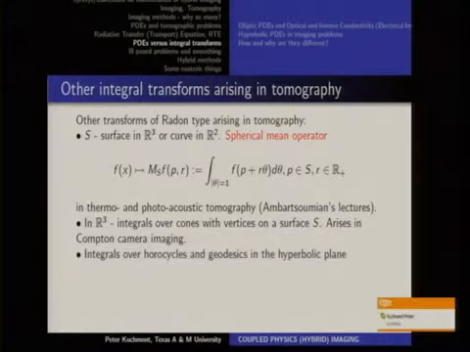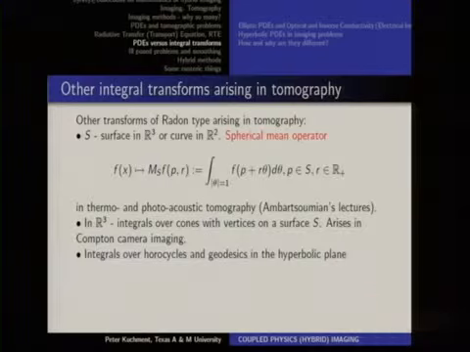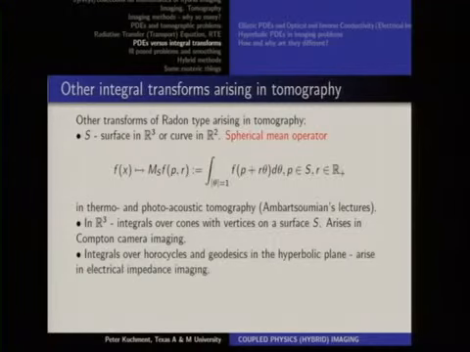You can have even non-Euclidean versions of the Radon transform. On the hyperbolic plane, probably some of you know that there are two analogs of lines, geodesics and horocycles. And you can have two types of Radon transform. And you might think, why do you need it?